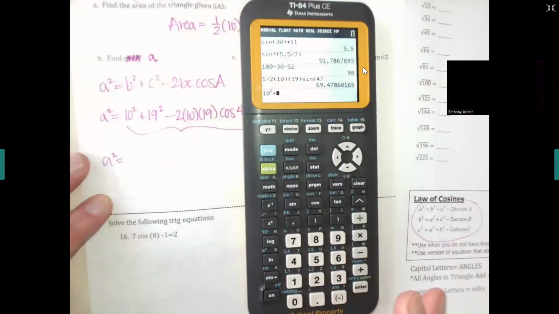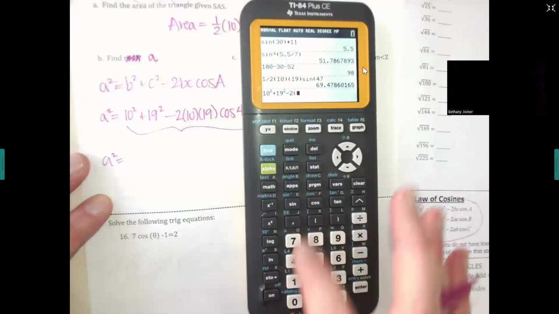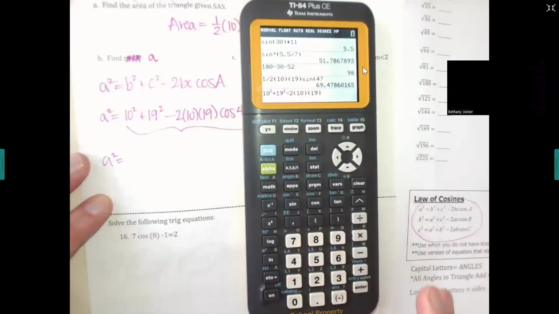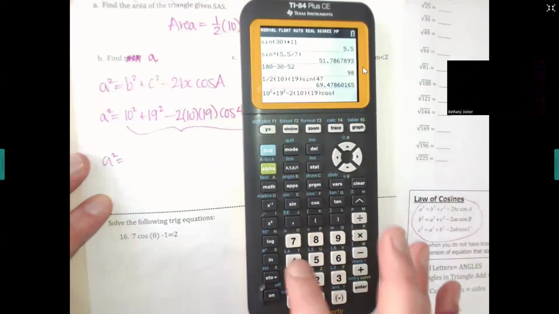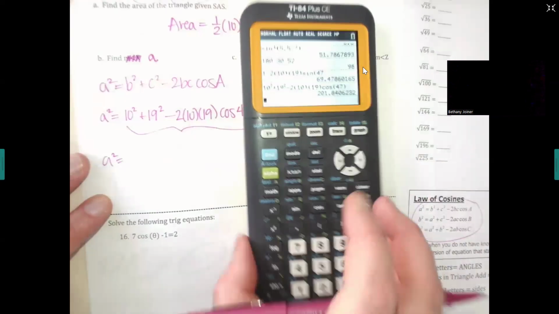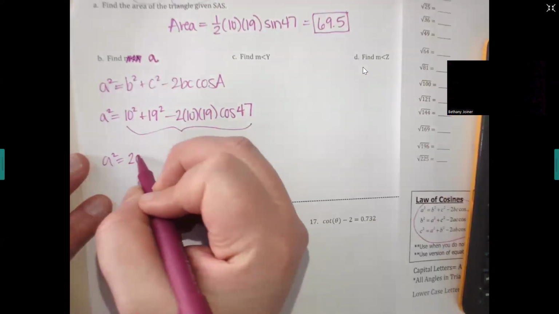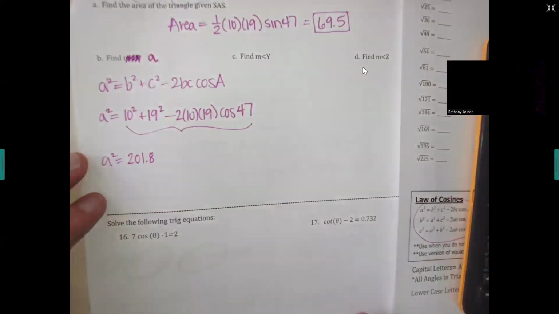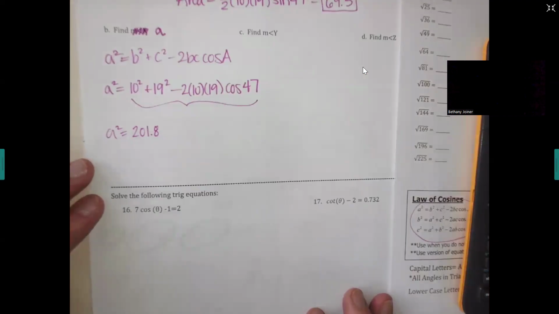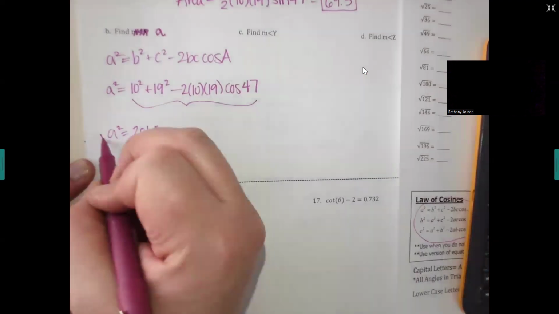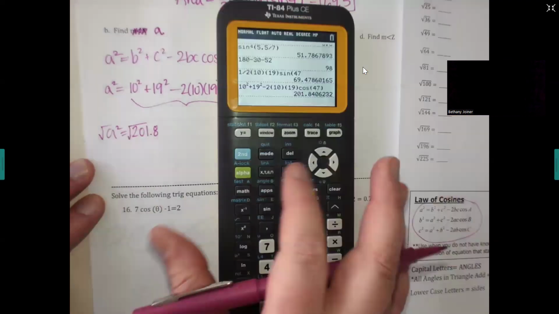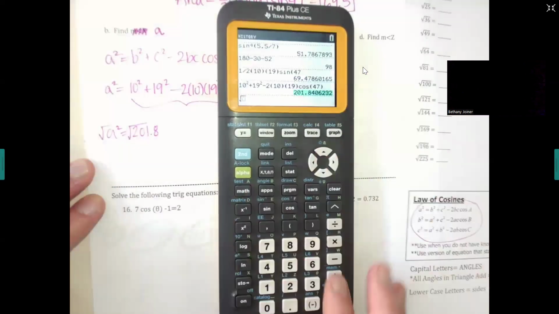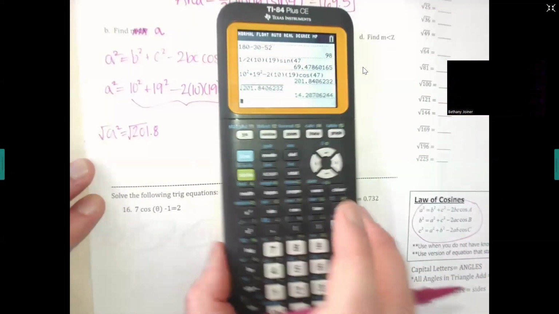So 10 squared plus 19 squared minus 2 times 10 times 19 times cosine 47. So I got 201.8. Is that my answer? No, that's a squared, so we have to take the square root. The square root of 201.8 gives me 14.2.